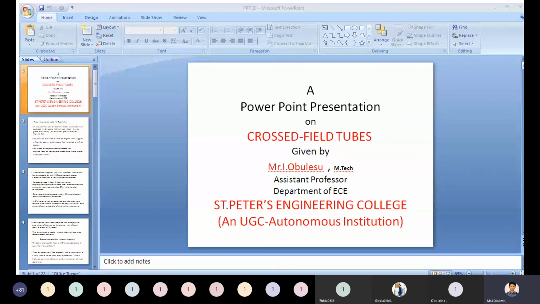With no magnetic field present, the tube operates as a diode with electrons flowing directly from the cathode to the anode.